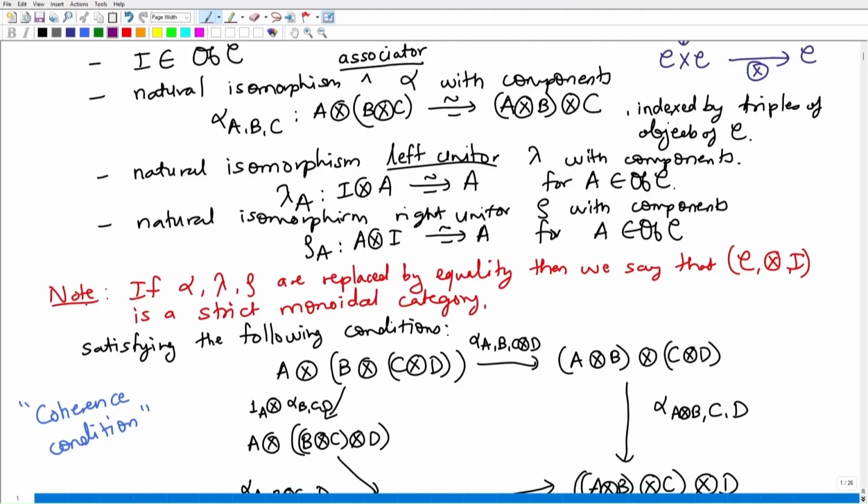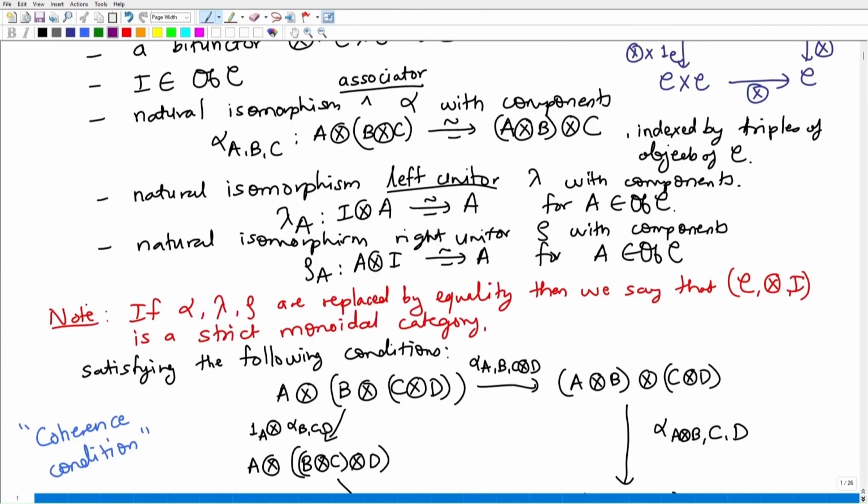In practice, we do not really talk about this particular morphism alpha. I mean, we do not have to explicitly describe that morphism alpha. You understand? It is obtained from the universal property. There is a unique natural isomorphism. So whenever we are taking, for example, this particular alpha ABC, where tensor product is cross product, we know what it should be.